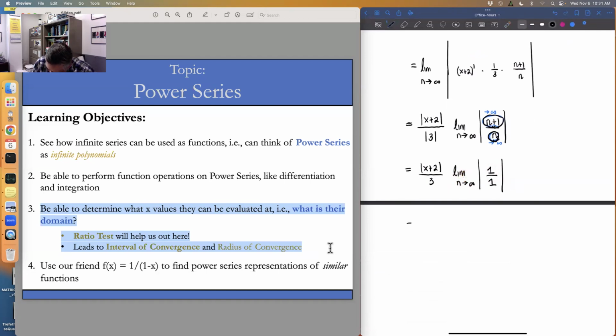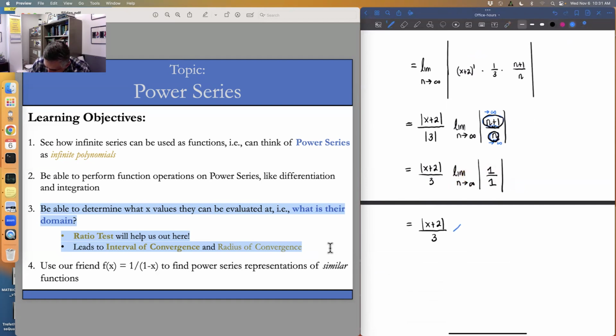So what we're left with is this term, the absolute value of x+2 all over 3, as the result of our ratio test. And now what's special about the ratio test when we apply it to power series is we get to choose values of x to make this less than 1.